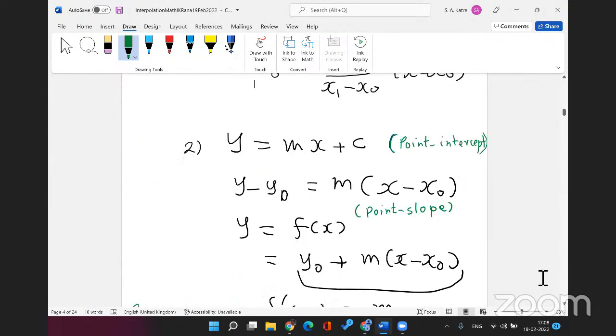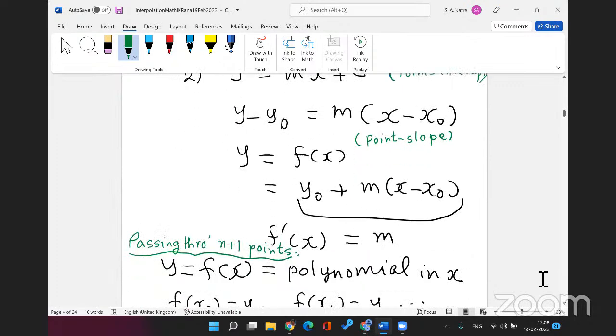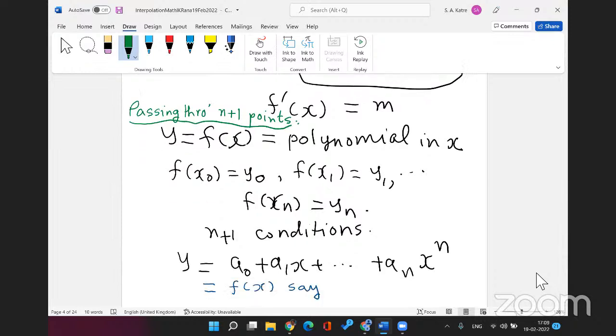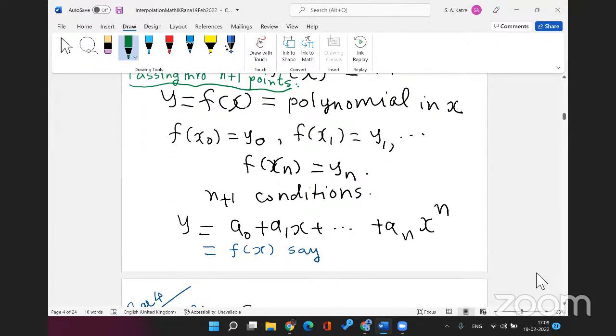So now, first of all, we will look at the problem of finding a curve y equal to f(x), where f(x) is a polynomial in x, and there are n plus 1 conditions f(xi) equal to yi. We try to fit this polynomial curve y equal to a naught plus a1 x plus etc. plus an x raised to n.